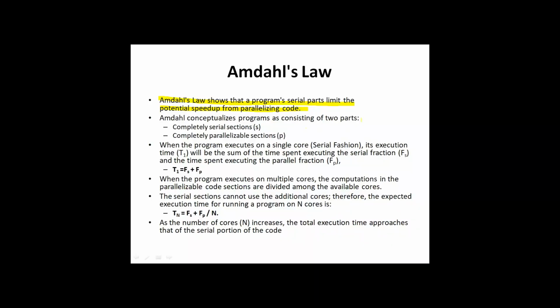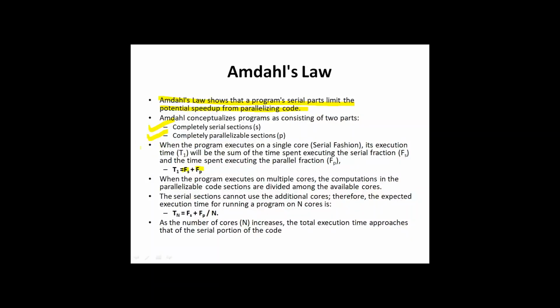As we discussed earlier, Amdahl conceptualizes programs as two parts: one is the completely serial part, and the second is the completely parallel part. The serial part we denote as Fs, and the parallel part as Fp.